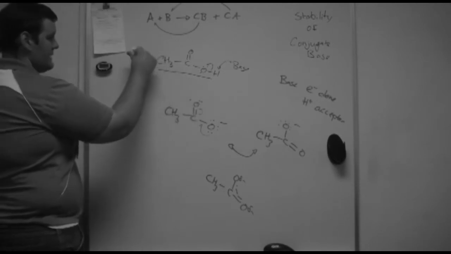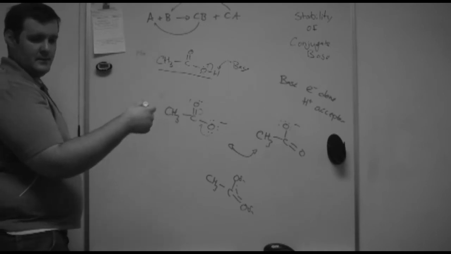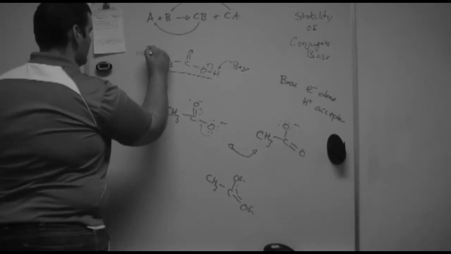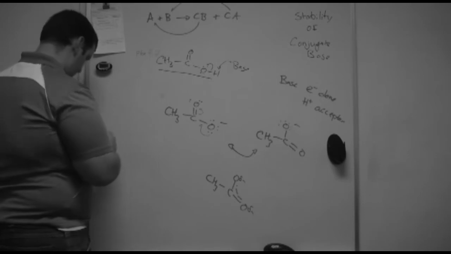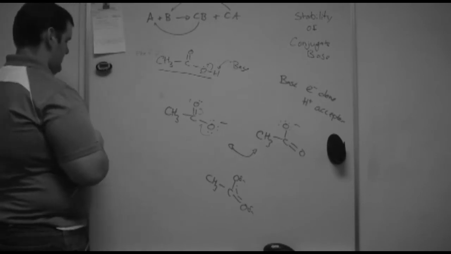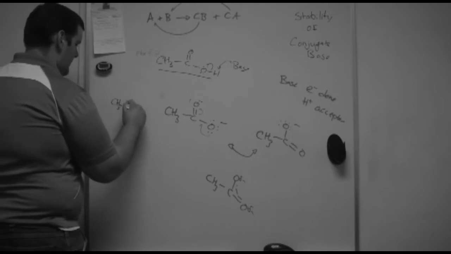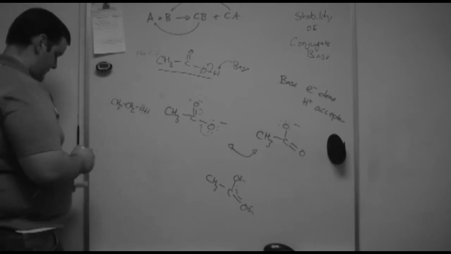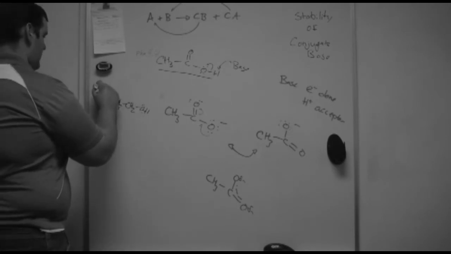So the pKa of this one, what was the pKa of carboxylic acid? It's around 4.7. So what's the pKa of, blue marker sticking out up here, say an alcohol? About 15. Yeah.